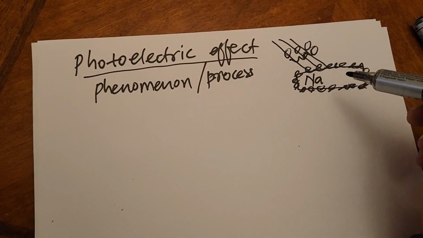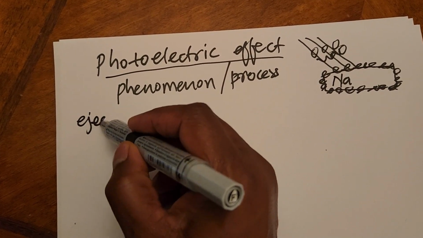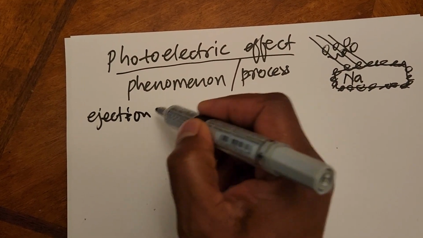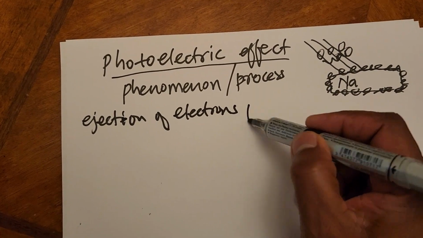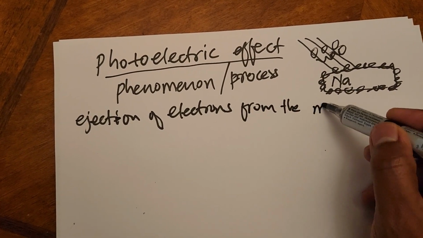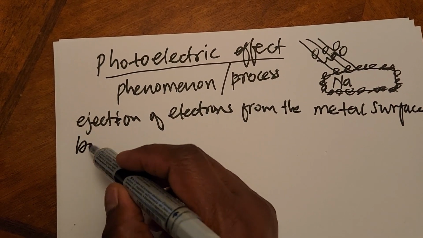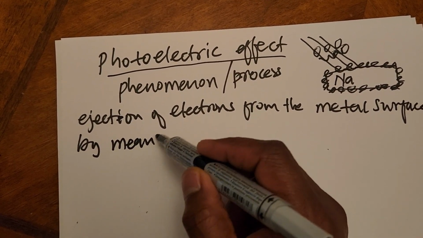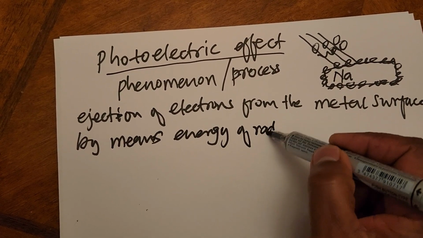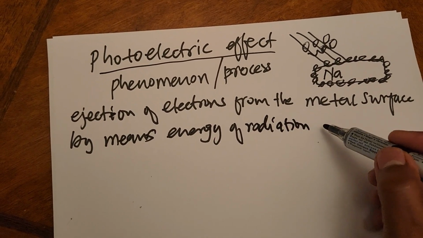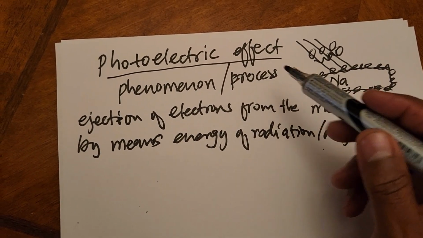Now, the process which involves the ejection of electrons from the metal surface by means of energy of radiation is called the photoelectric effect.